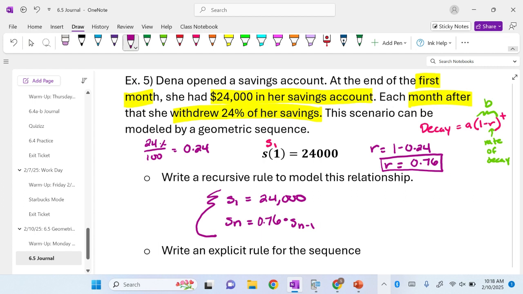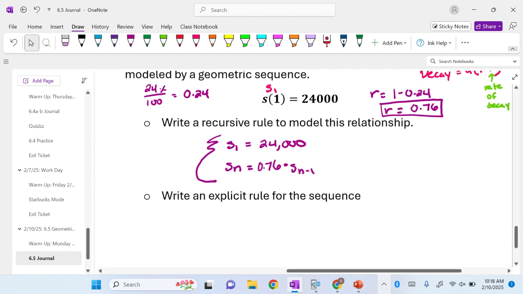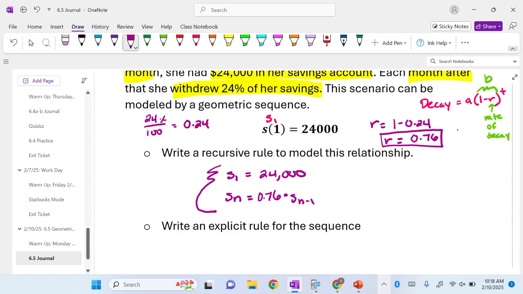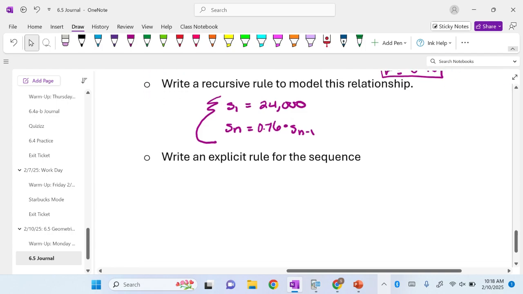So that's our recursive rule. Now, our explicit rule is going to be just like if we wrote out the exponential decay equation, just replacing the t with n minus 1. So what do you think my explicit rule would be? It would be S of n is equal to what?